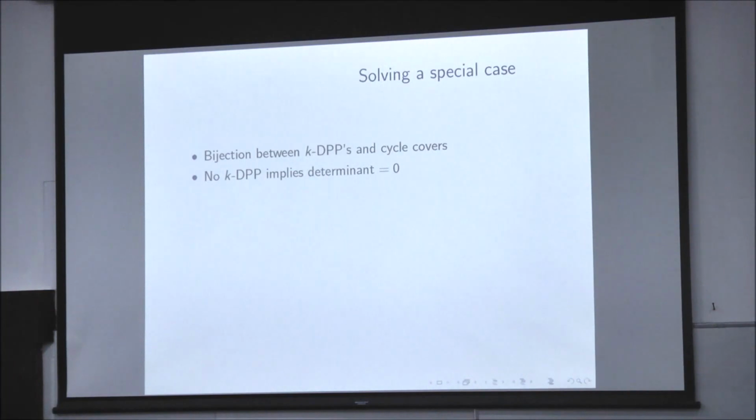On the other hand, the bijection between KDPPs and cycle covers preserves the weight of the KDPPs in terms of the exponent of x. Remember, x was the variable that we put on all the actual edges of the graph. The length of the KDPP naturally appears as an exponent here. Correct?